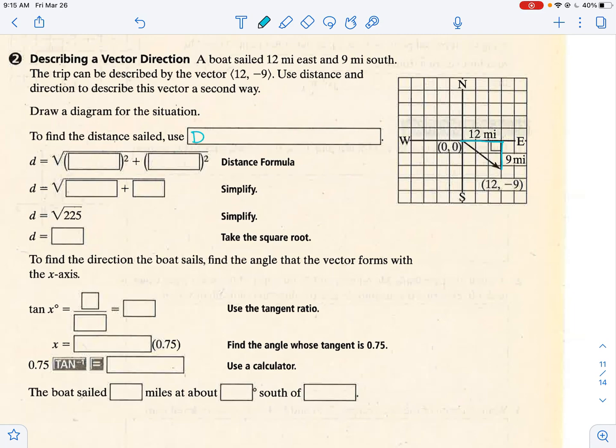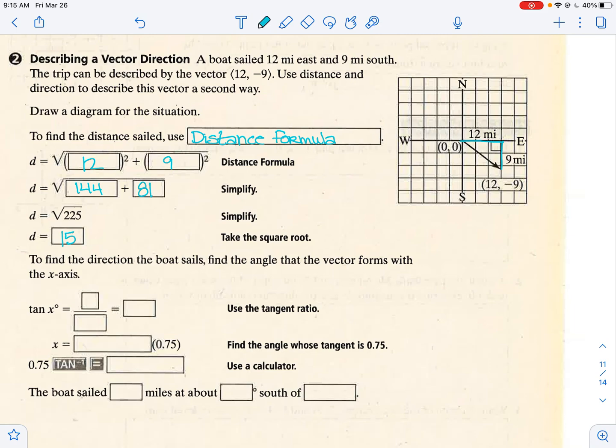So we're going to use the distance formula. The distance would be 12 squared plus 9 squared. 12 squared is 144, plus 9 squared is 81. And 144 plus 81 is 225. If we take the square root of 225, we get 15.